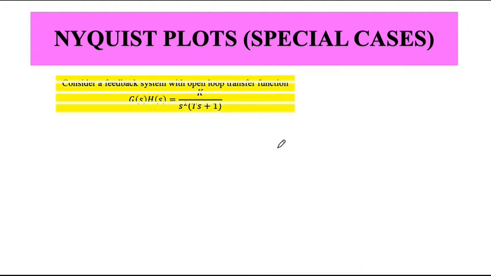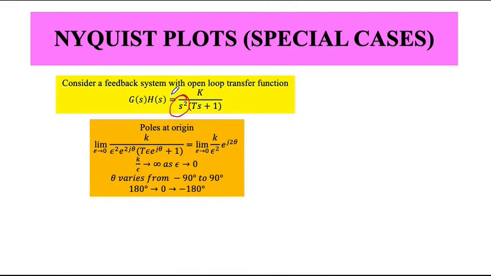Okay, now what if there are two of these poles at the origin? Just do the same kind of analysis again. I am just dealing with this term. I take the limit of epsilon approaching 0 and replace s with epsilon e to the j theta.